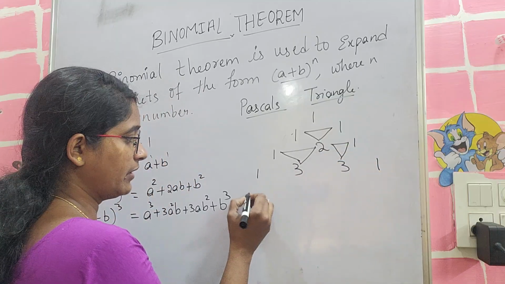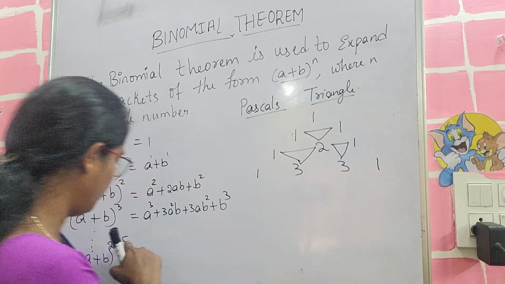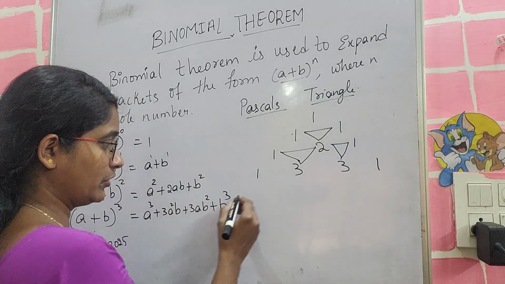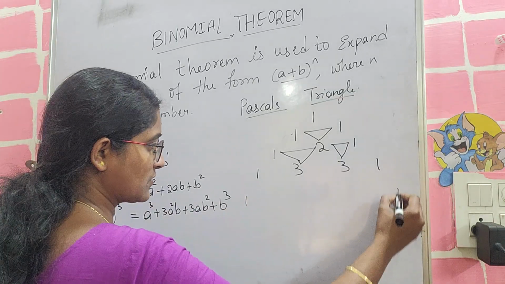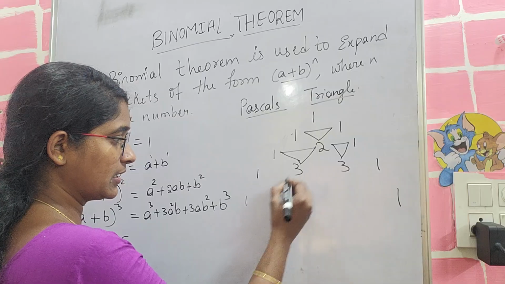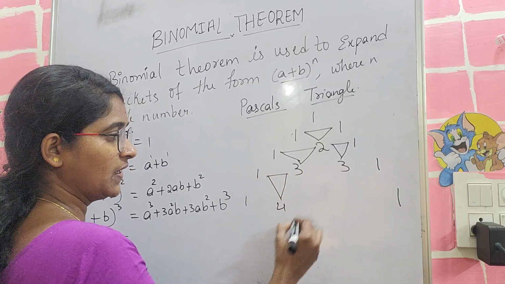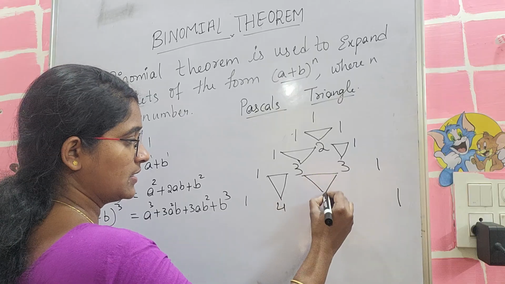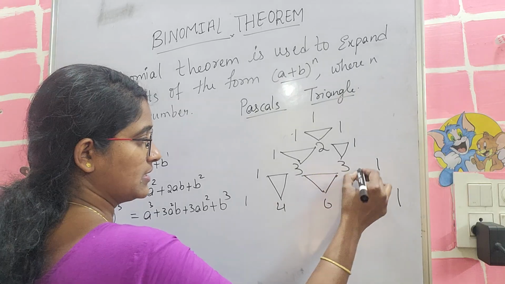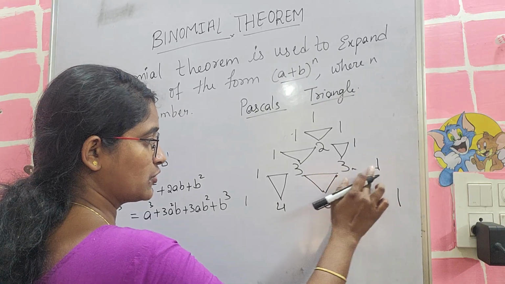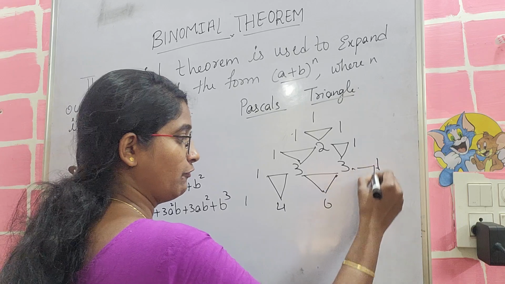The same way, if I want to write for the power of 4, what am I going to get? The first one and the last one are 1. Then in the middle, 1 plus 3 is 4. Then 3 plus 3 is 6. Then 3 plus 1 is 4.